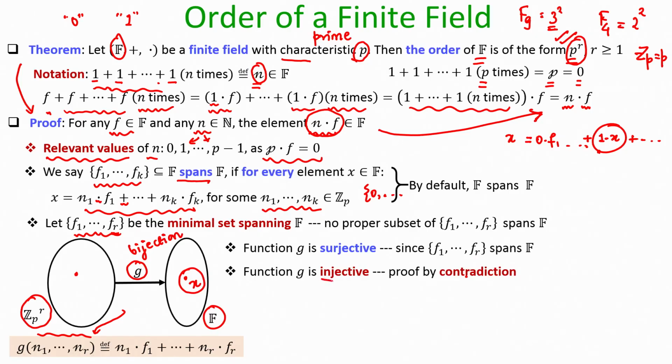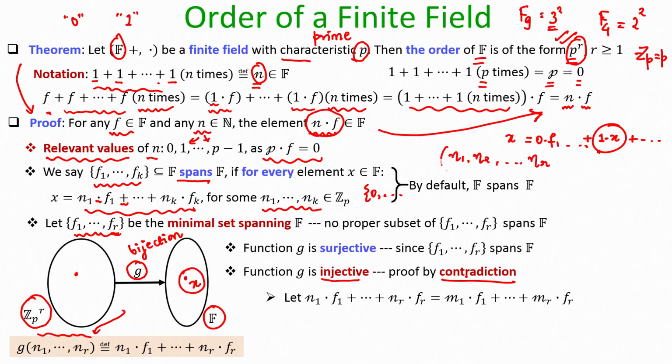Now, I want to prove that this function G is also an injective function, and that I will prove by contradiction. Okay. So, as per the contradiction, assume that the mapping G is not injective. That means, imagine you have two different R tuples.